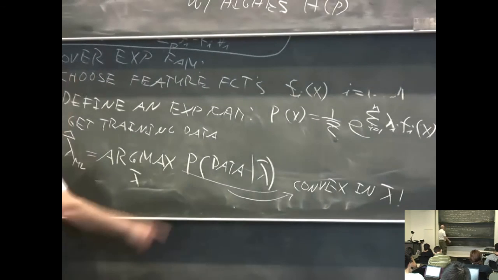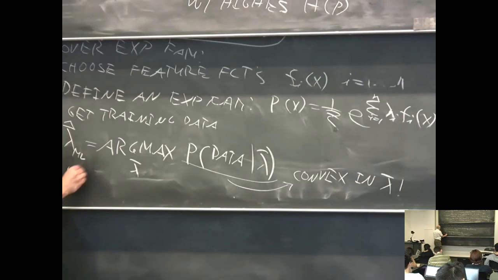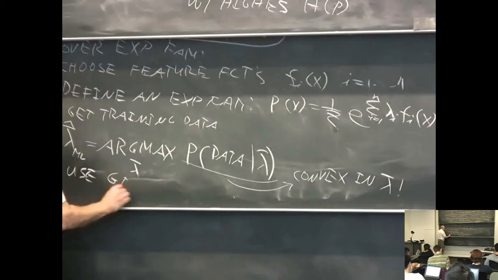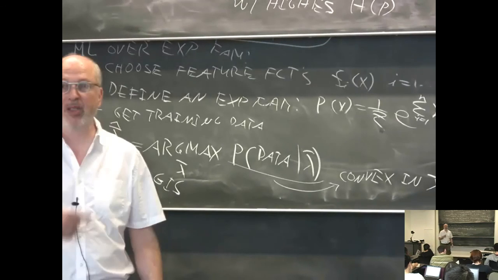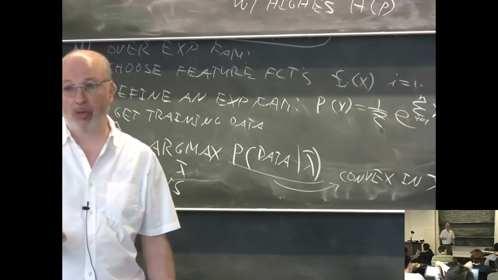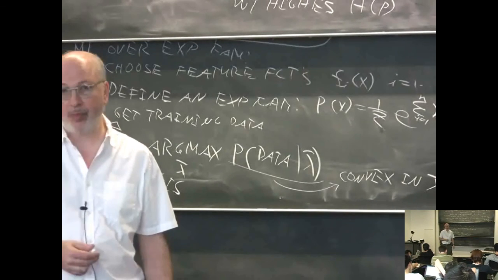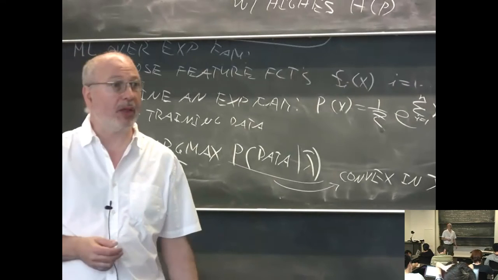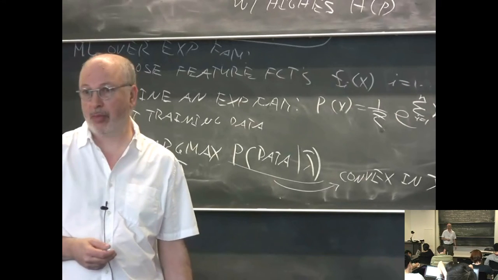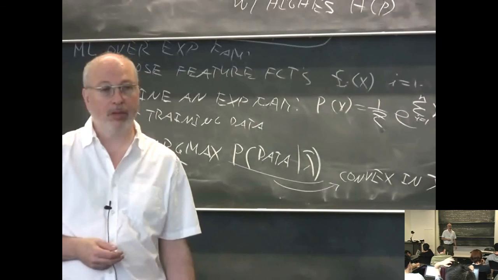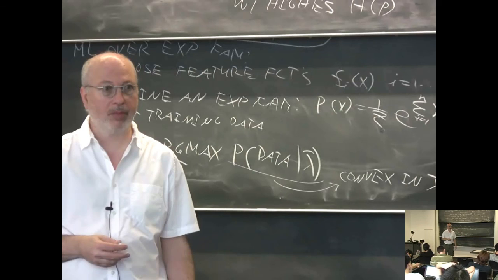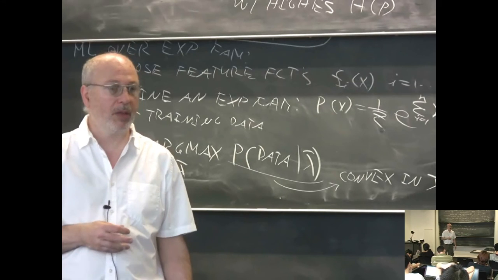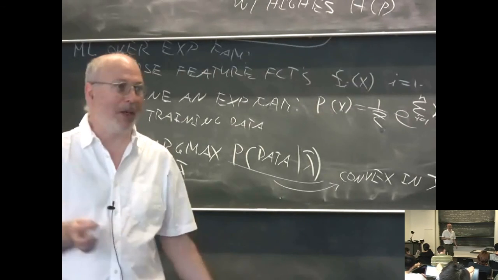And you can actually use different methods. The algorithm we discussed is called generalized iterative scaling. There's another version of this that is, under some conditions, faster. It's called improved iterative scaling. And you can use other methods as well. You can even use gradient descent. You'll need to calculate the gradient with regard to each lambda and take a step. When things are convex, there are many ways of solving them.